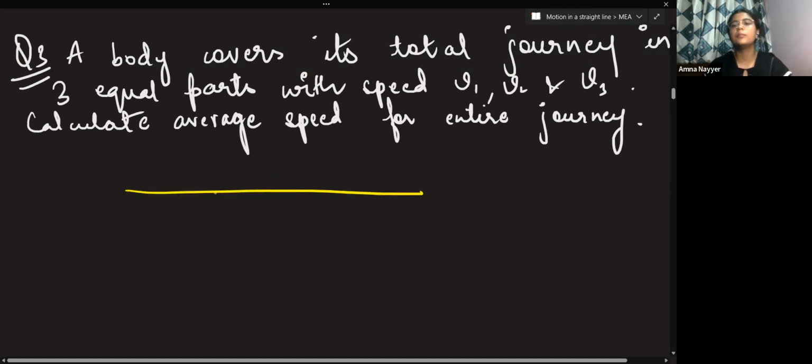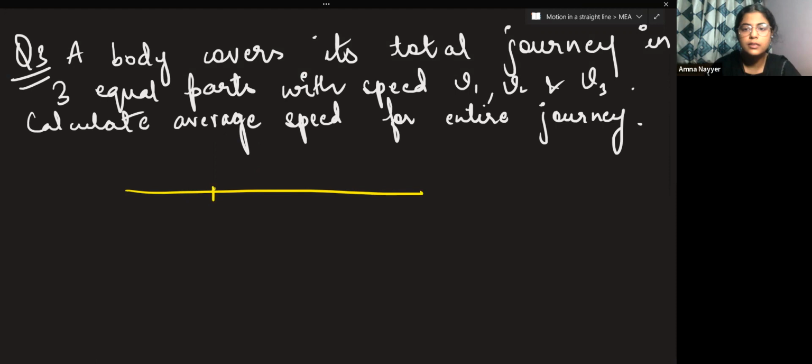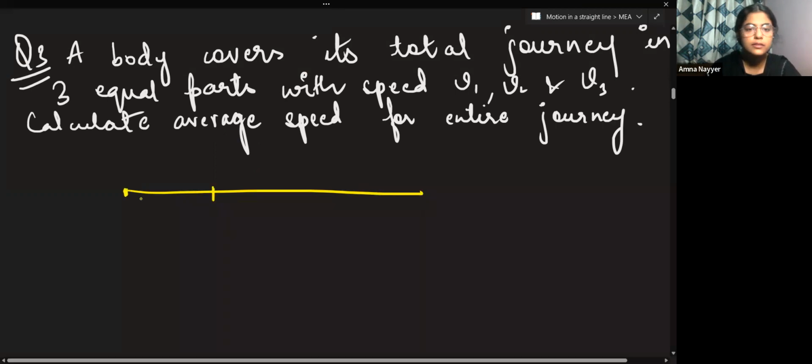It says a body covers its total journey in 3 equal parts. So I have divided the entire journey into 3 equal parts. Let's name the points A, B, C, and D. So let's take the total distance as 3x.